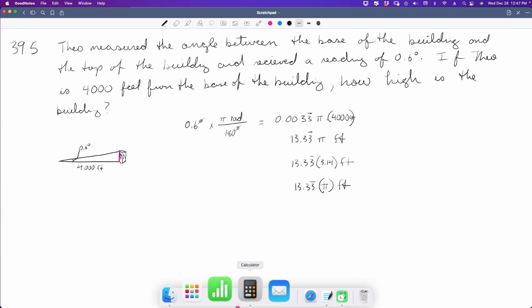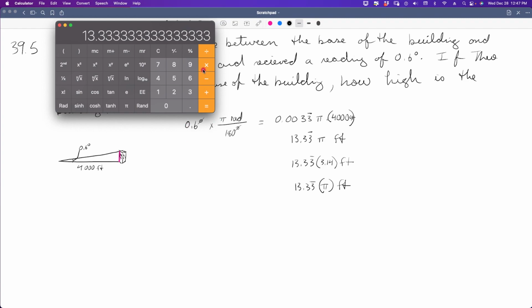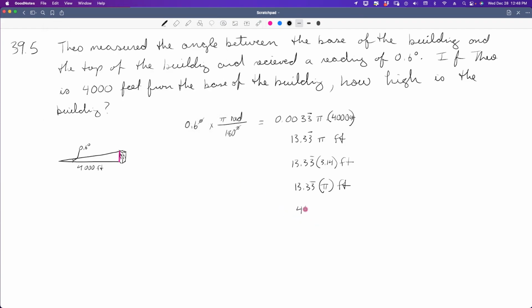So let's just do that. Times pi equals, and that's 41.8879, which we could round up to 41.89. And surprisingly, that is exactly what the book has, 41.89 feet as the height of the building.